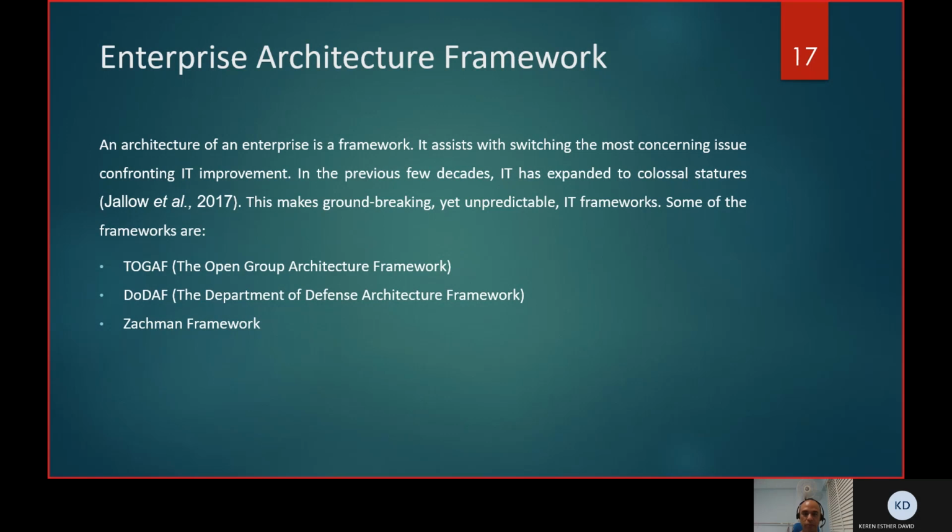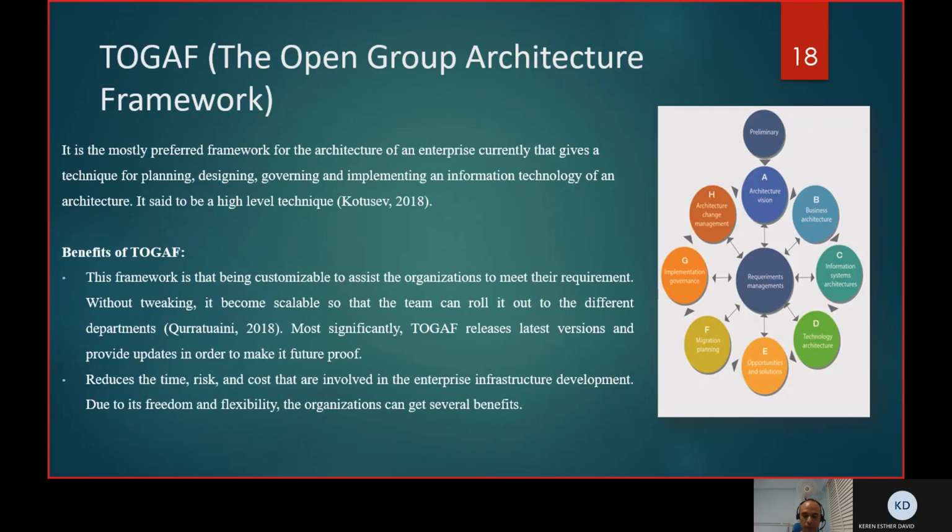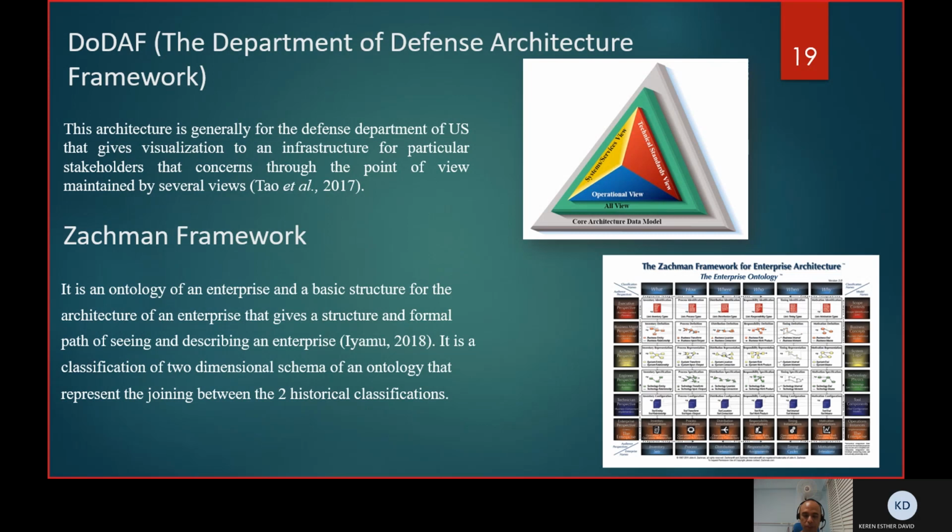TOGAF, the Open Group Architectural Framework, is the most utilized framework for enterprise architecture today that gives a way to deal with planning, arranging, implementing, governing, and managing enterprise information technology architecture. DoDAF, the Department of Defense Architectural Framework, is the architecture framework for the United States Department of Defense that gives a representation framework to the explicit stakeholders' interest through perspective coordinated by different perspectives. The Zachman framework is an enterprise ontology and is a major schema for enterprise architecture, which gives a formal and structured way of viewing and defining an enterprise.